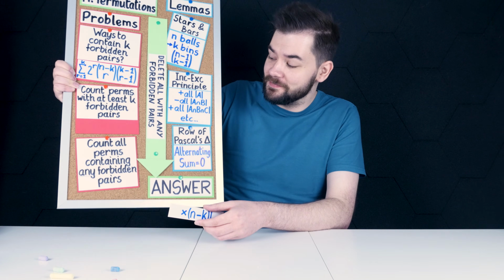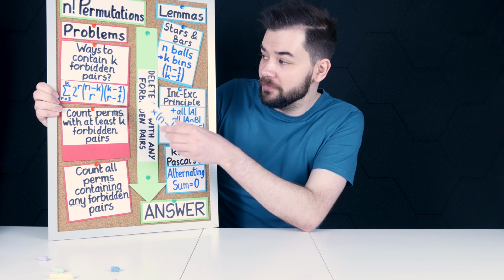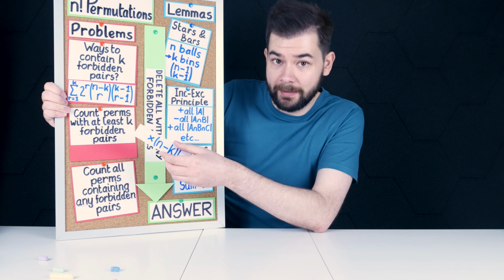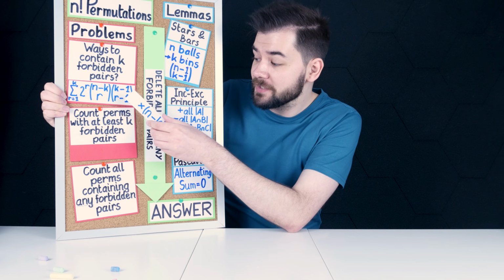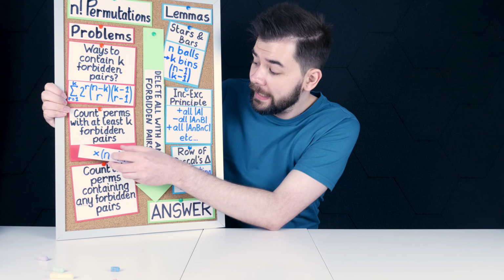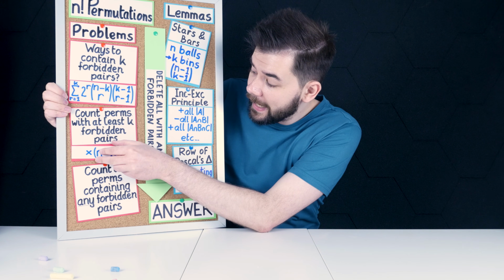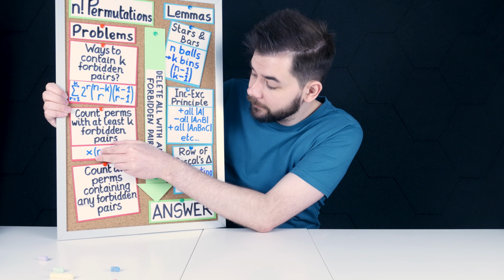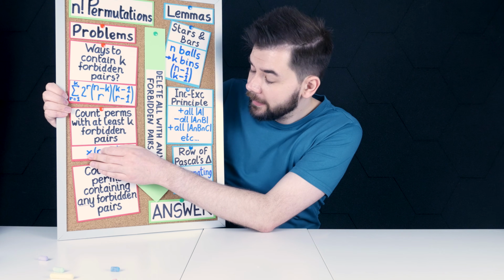And that addresses this next problem here. So we have the number of ways to contain at least k forbidden pairs. Now, as for the number of permutations with at least k forbidden pairs, we take this formula here and we multiply it by n-k factorial. We are just one step away from solving this problem.